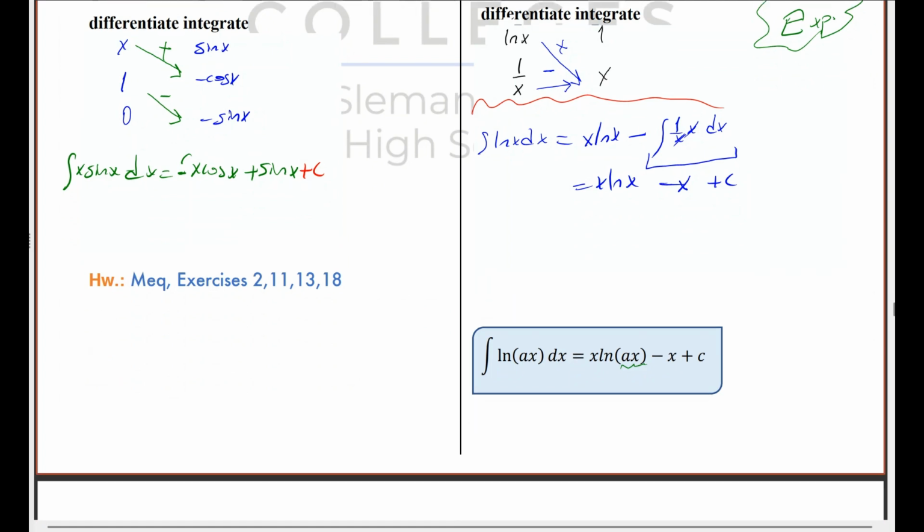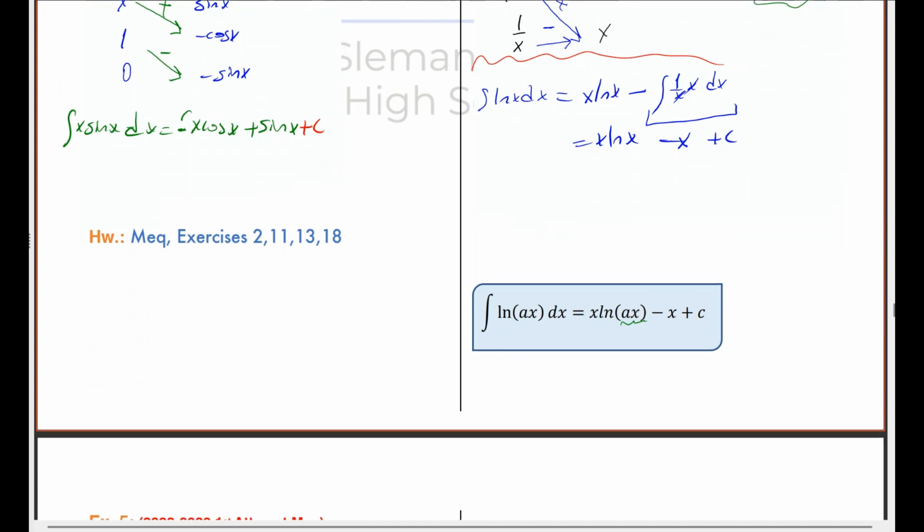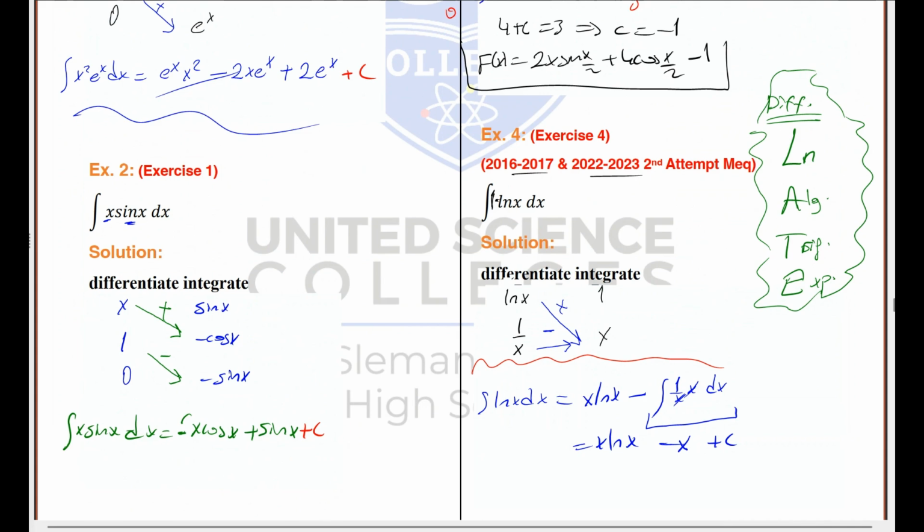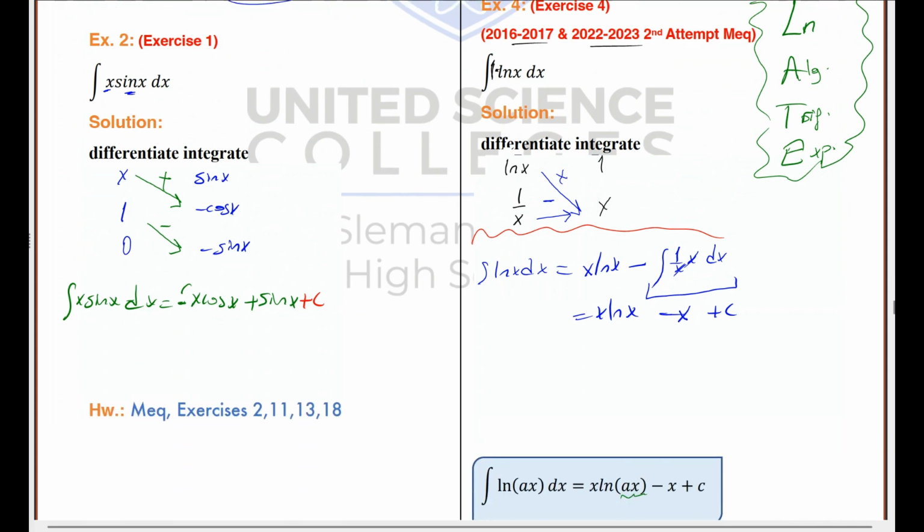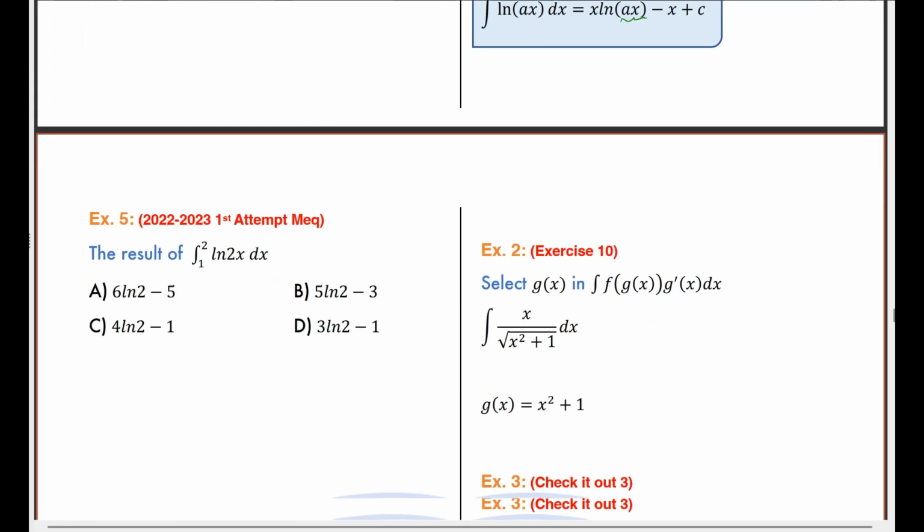Okay, one last question. In this topic, we also have some questions involving definite integrals, like this ministry exam question: find the result of the integral from 1 to 2 of ln 2x. So ln is alone, nothing is multiplied by ln. We can do it the long way, or we can just use the formula.